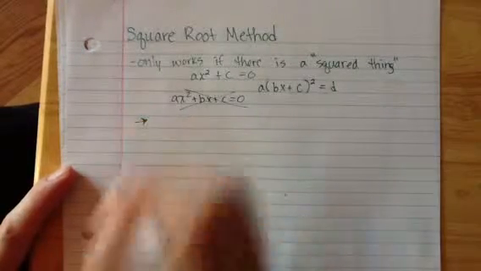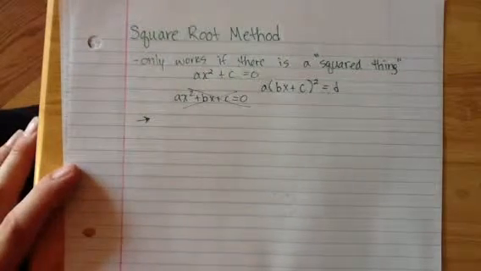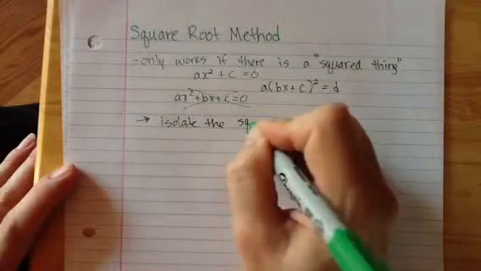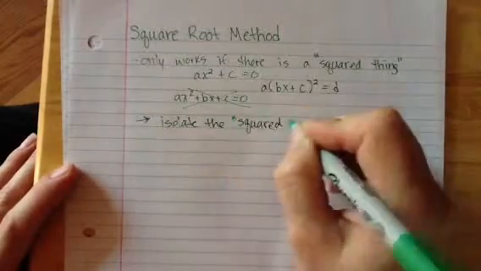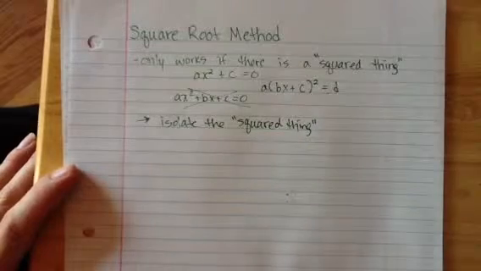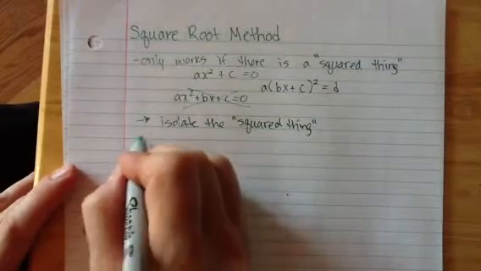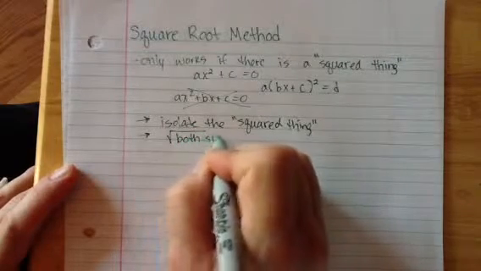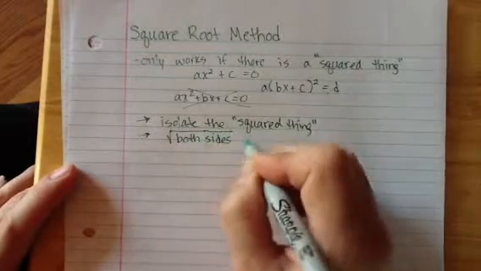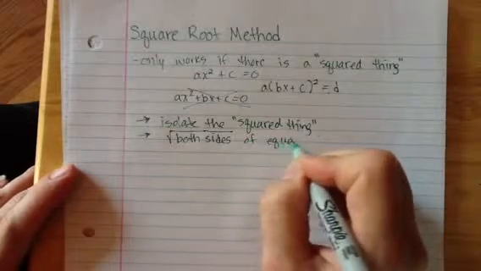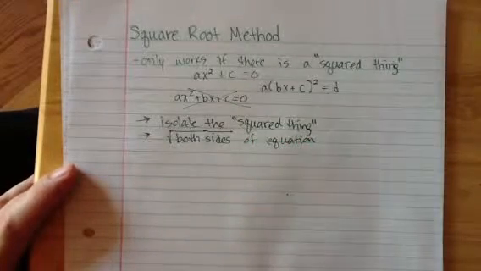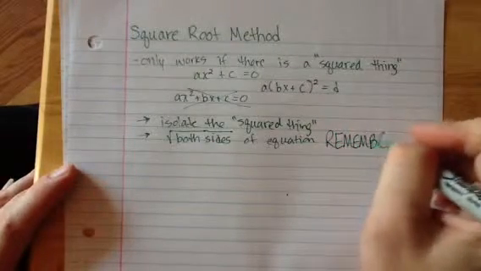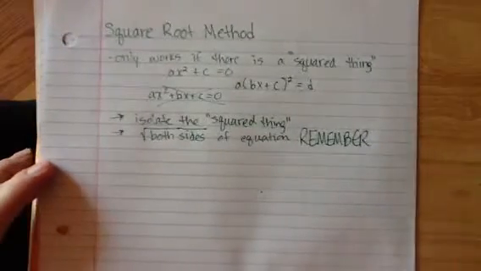The steps for solving by the square root method were to isolate the squared thing, after that was isolated, we were going to take the square root of both sides of the equation, and we wanted to remember to use the plus minus.